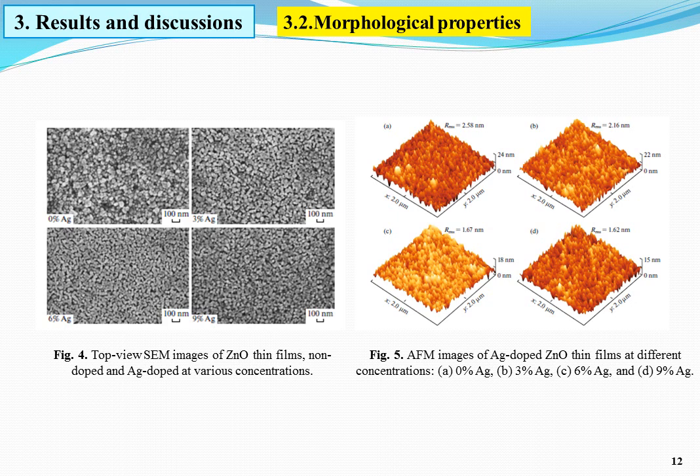Morphological properties. SEM graphs and AFM images show a dense surface with more or less spherical grains uniformly distributed. Moreover, it is found that increasing silver doping levels leads to a decrease in grain size and surface roughness.